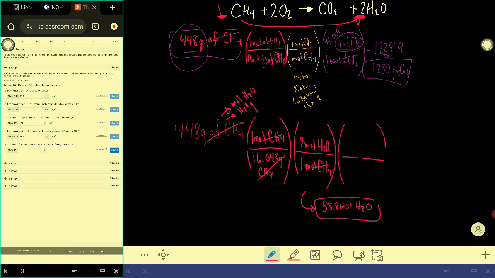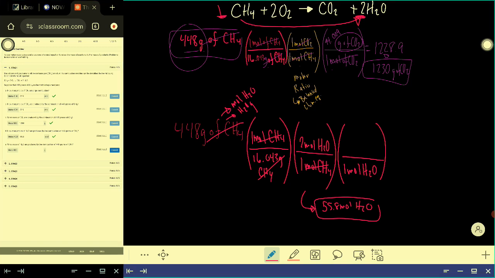If I know 1 mole of H2O has 15.999 from oxygen, plus 2 hydrogens, 1.008 times 2, is going to give me 18.015 grams H2O. Moles of H2O cross off, and I'm in grams, which is what this one's looking for.